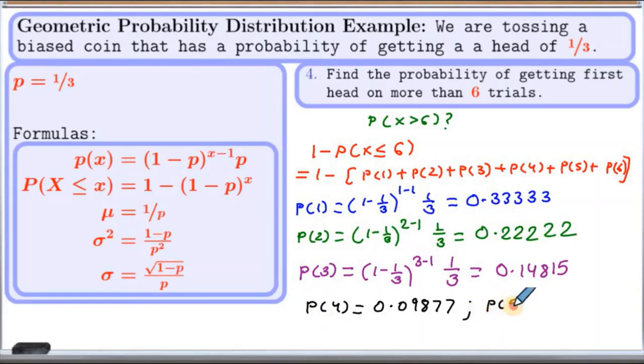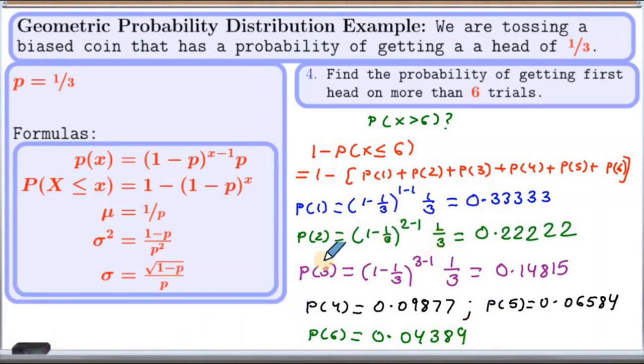Probability of 5 equals 0.06584. And finally, probability of 6 equals 0.04389.